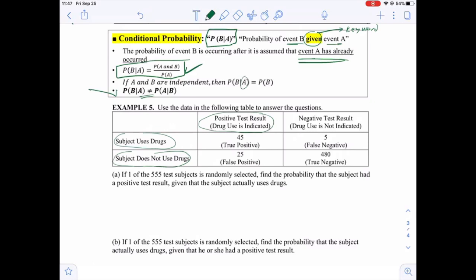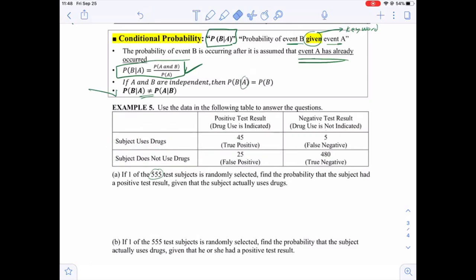In this sample of 555 people, 45 have positive results while they actually use drugs, 25 have positive test results while they are not using drugs, 5 people have a negative test while they actually use drugs, and for 80 the result is negative while they don't use drugs.